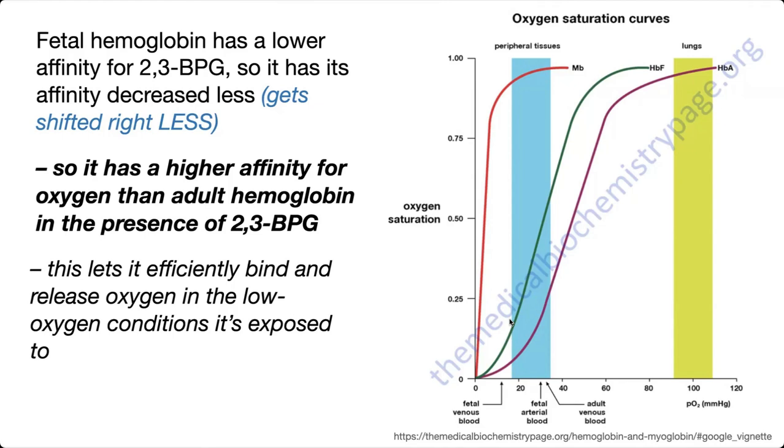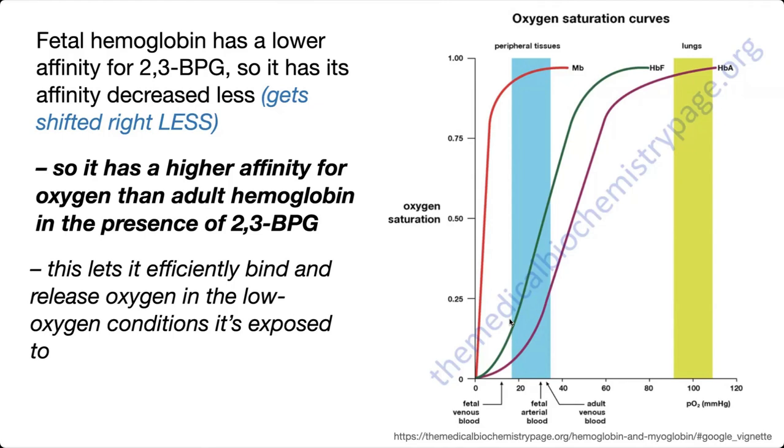Now, why does this matter? Well, this matters because the fetal hemoglobin is not going to be seeing those concentrations of oxygen that you saw in your other tissues. Instead, it is going to be seeing a much lower concentration of oxygen.